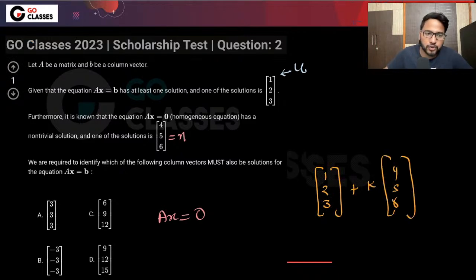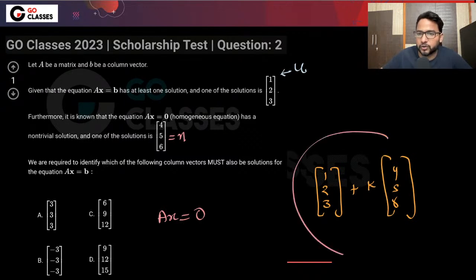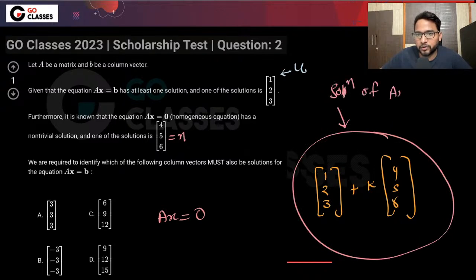Then this complete thing is a solution of Ax equal to b. So that is why you will say that I think what are the options that are satisfying? If you do 1, 2, 3, and I think you take k equal to -1 probably, then option B will satisfy, right?